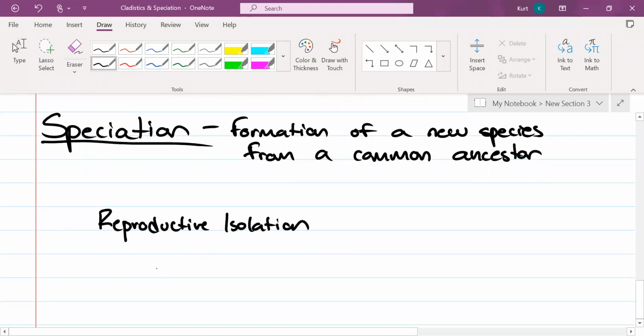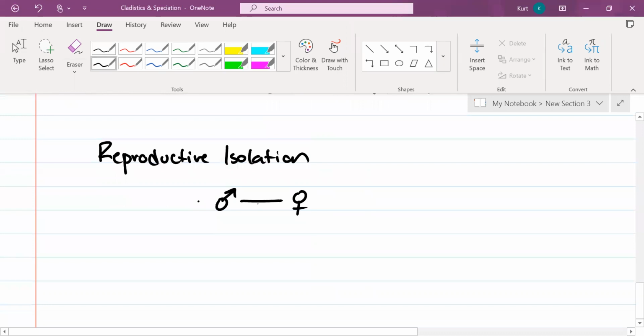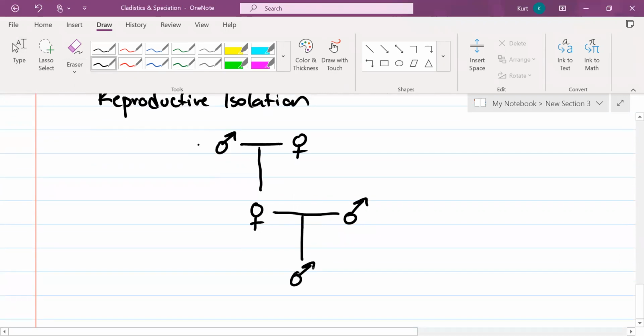But also, when it comes to reproduction, if you have a male and a female in the same species, so here's a male and a female, and let's say they have a little daughter, and then that daughter reproduces, and they have a little son. What we have here is a P generation, F1, and F2.